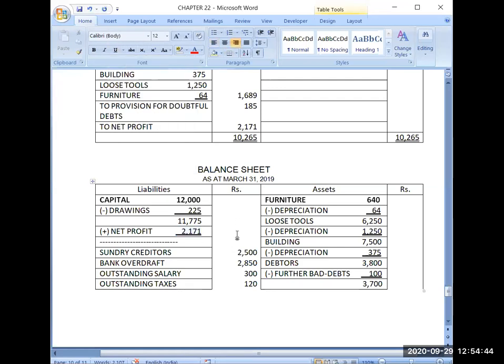And this total will become final 6. Then 7, 7, 14. 8, 1, 9. Then 2, 1, 3. And then 1. So the total capital will be now 13,946.